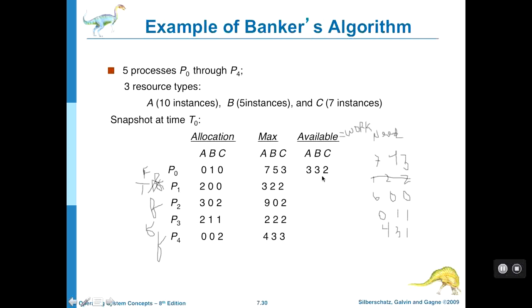And once P1 completes, the 2 A's that it's holding actually get added back to the pool, right? So now we've got 5 A's, 3 B's, and 2 C's, okay? And so now we'll start that all over again. Is there something here? And I think we know P3 will do it, so we'll cross out P3, and P3 will complete.